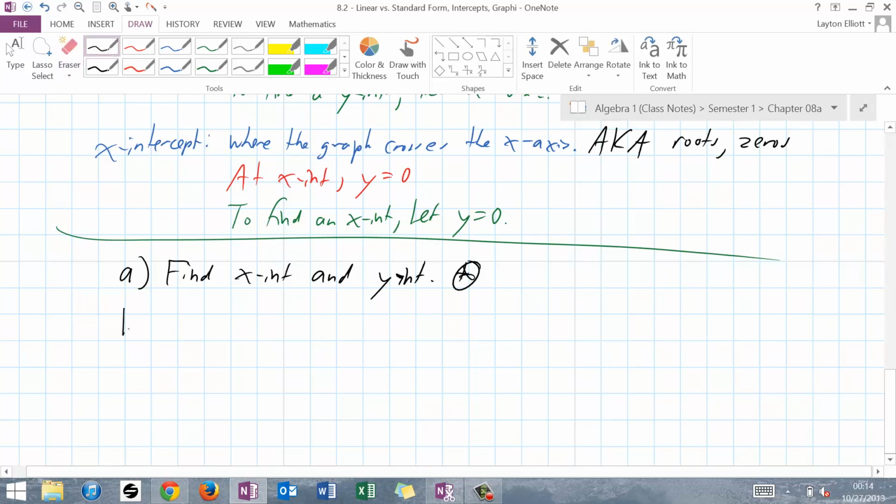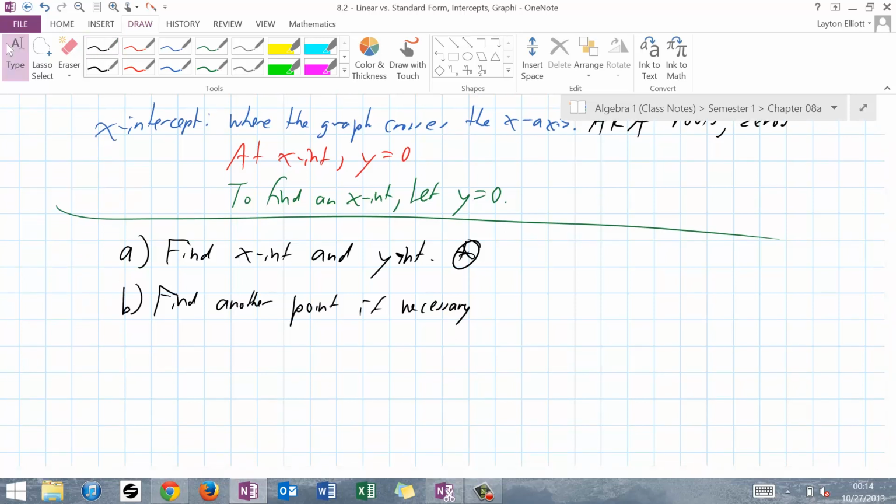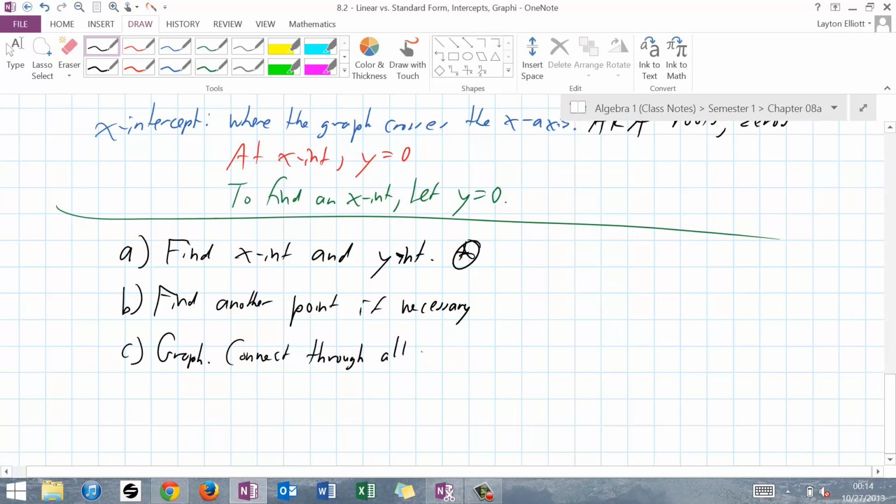B. Find another point if necessary. And we'll hit an instance where it would be necessary, and you'll see what I mean by that. And then C. Graph and connect through all integer crossings.